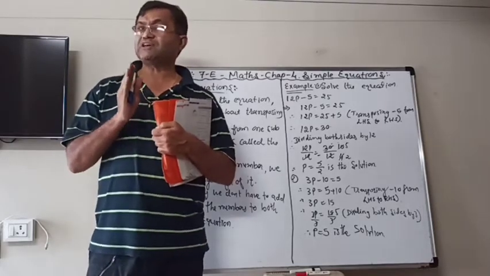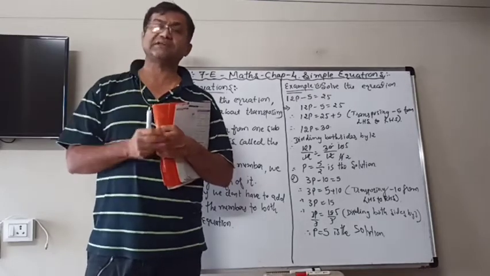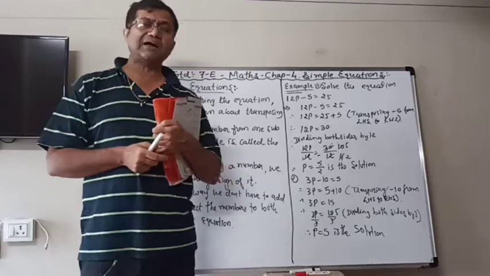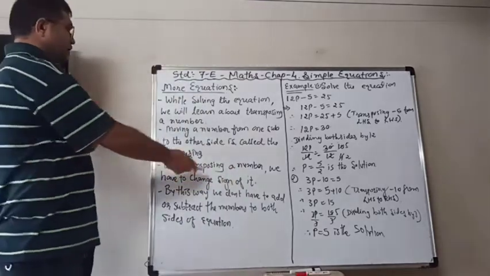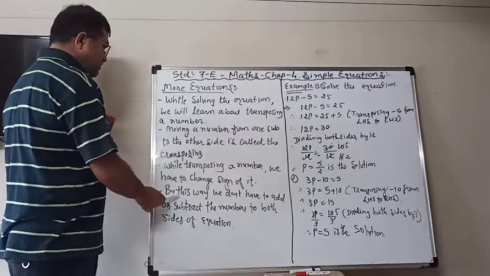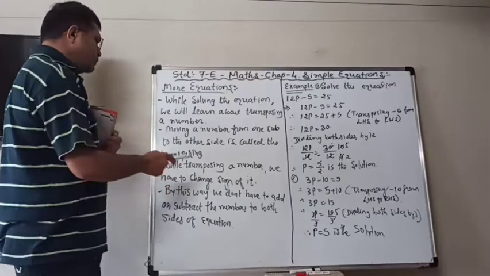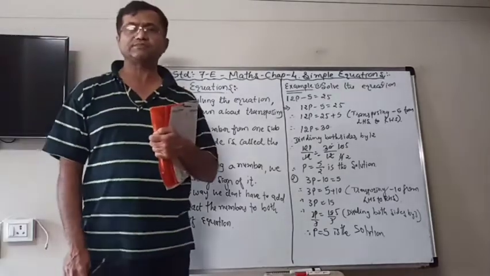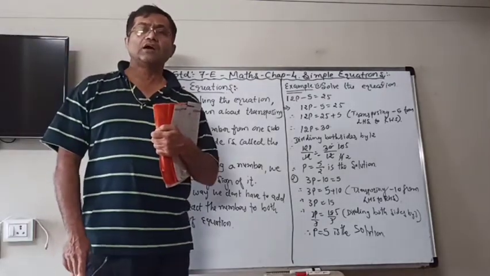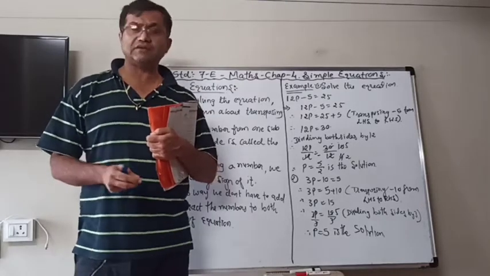If you forget to change the sign, then you will get a wrong answer. So while transposing a number, we have to change the sign of it. This way, we don't have to add or subtract the number to both sides of the equation. So that way it is easier.